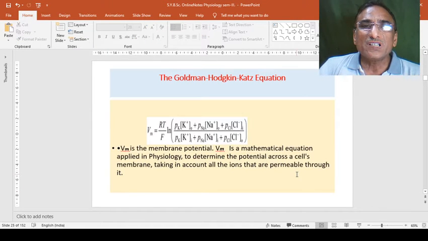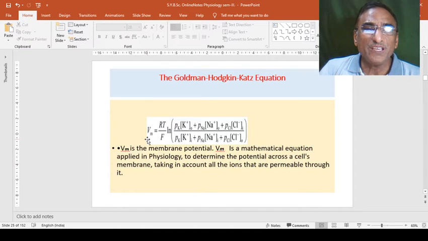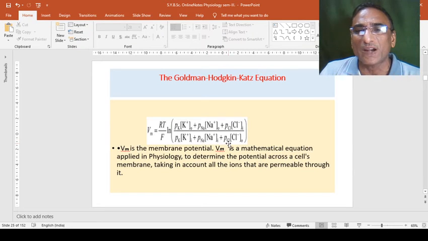The Goldman-Hodgkin-Katz equation: Vm equals RT upon F times the log of (PK times potassium ion concentration plus PNa times sodium ion concentration plus PCl times chloride ion concentration) upon the same terms for the other side of the membrane. So this is the equation by which we can calculate the potential of the membrane.